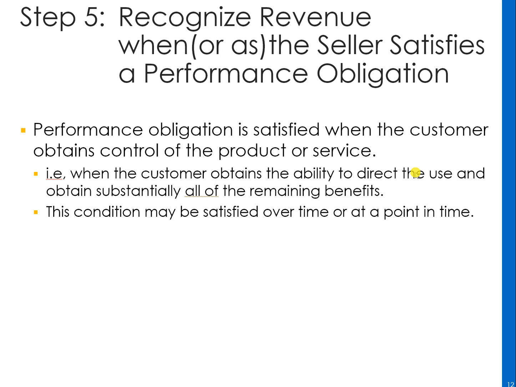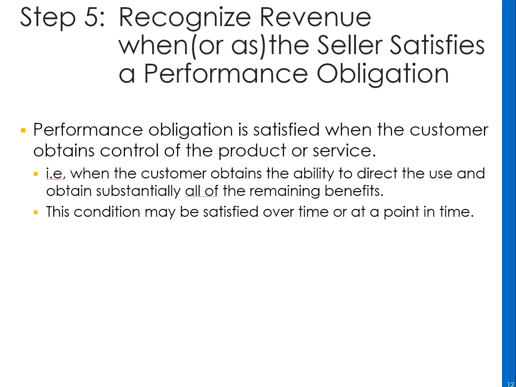Then we're going to see the obligations be satisfied. And sometimes the performance obligation satisfaction will be delivered over time. Then we're going to recognize revenue over time. Delivered at a point in time, then we're going to recognize revenue at a point in time.